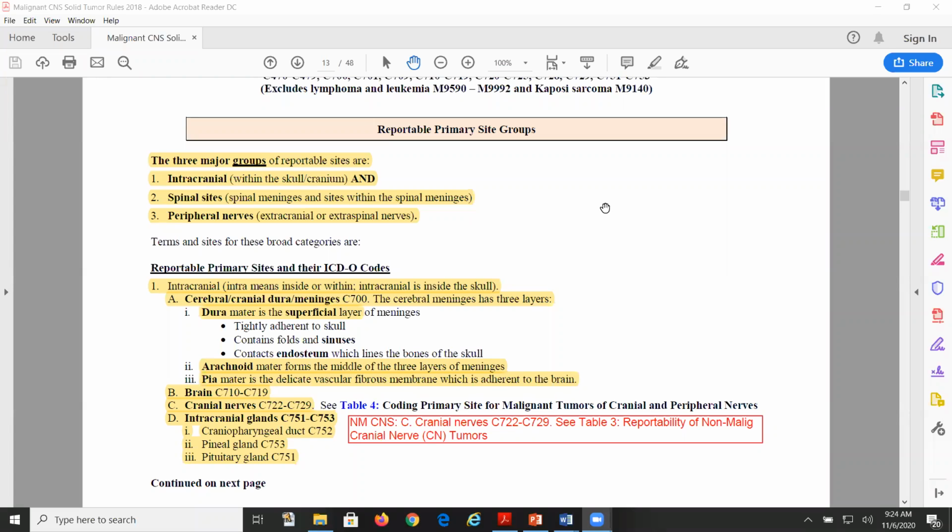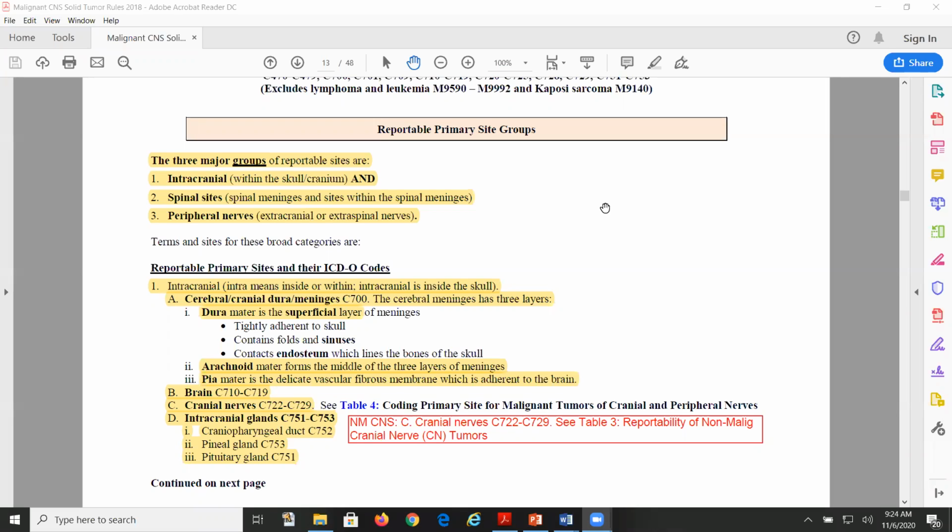Our 3 layers of the meninges are the dura mater, which is the layer closest to the skull, the arachnoid mater, which is the middle layer, and the pia mater, which is the layer closest to the brain. These are all included within your C700 series.